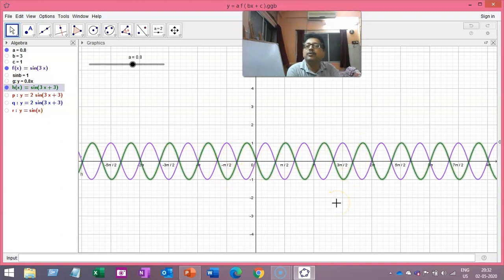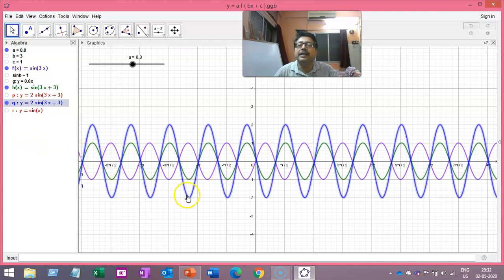Period will remain 2 pi by 3. If we take 2 sine 3x plus 3, magnified, then also passing through the same point, so the period will remain the same. So if a function f(x) has period T, then a function of the form constant times f(ax plus b) will have period T by a. The coefficient of the variable goes to the denominator. This is going to be the period.